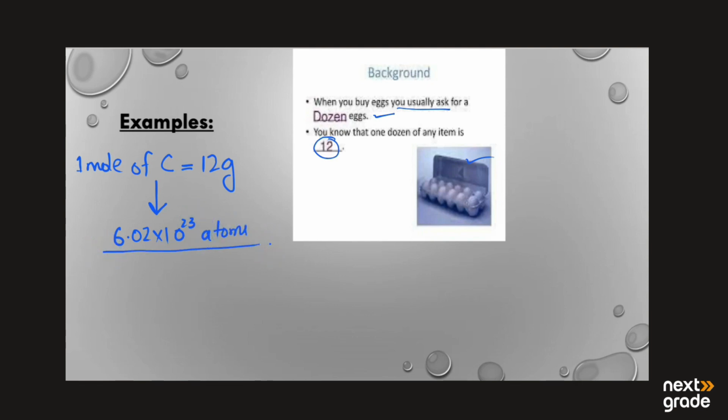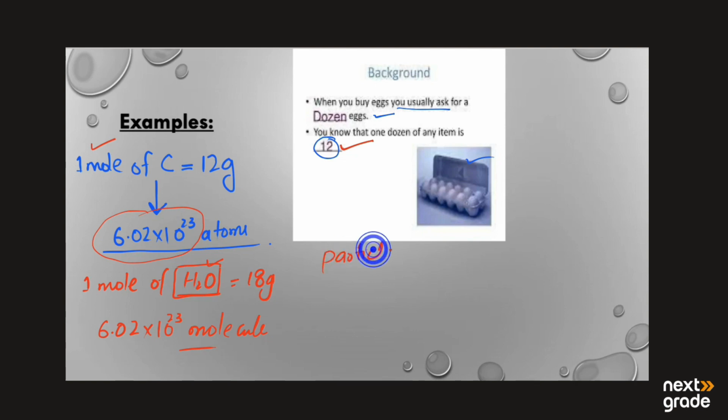Likewise, if we are talking about 1 mole of water, its mass is 18 grams, but we do not know how many atoms or molecules there are, because water is a molecule. So it has 6.02 × 10^23 molecules of water. Just as 1 dozen is equal to 12 items, 1 mole of substance is equal to 6.02 × 10^23 particles.